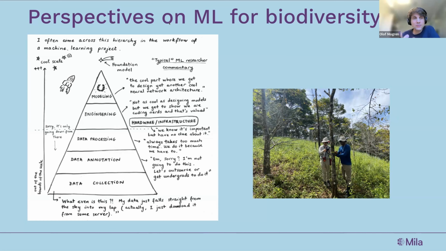I like that you bring up the perspectives on machine learning for biodiversity. I think it applies to many different application areas for machine learning. We computer scientists really don't want to get our hands too dirty with regards to this, or we consider ourselves not being experts enough for that.